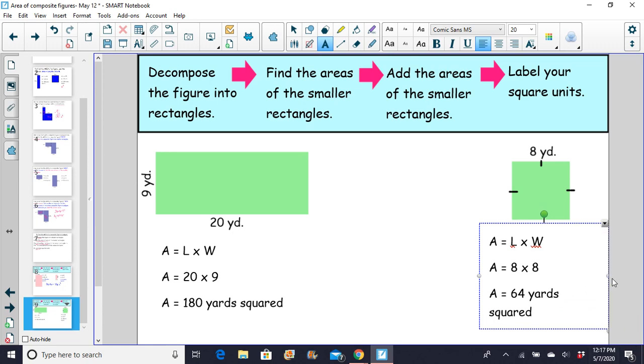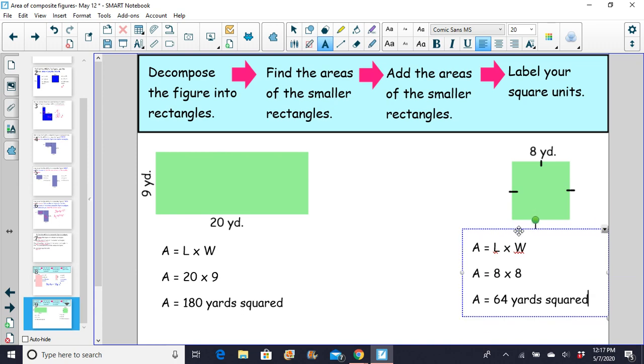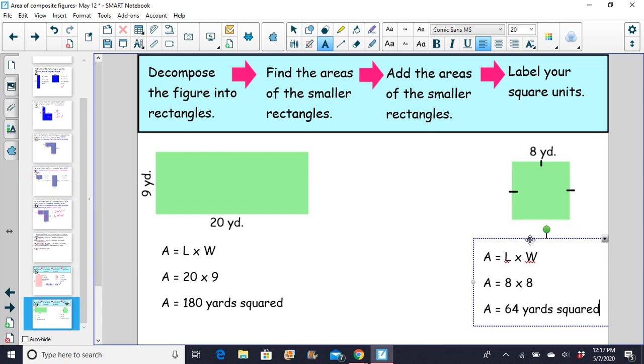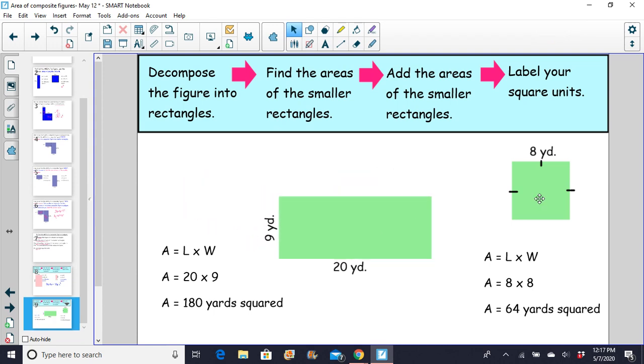Last step. You remember what the last step is here? The second to last thing that I have to do is add together those two areas of the smaller rectangles. These two rectangles were originally together, right?